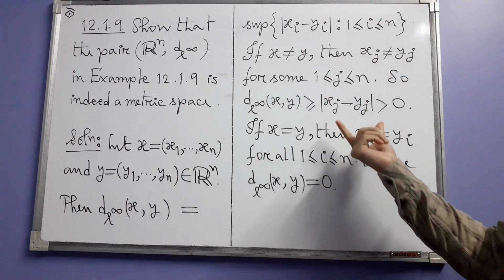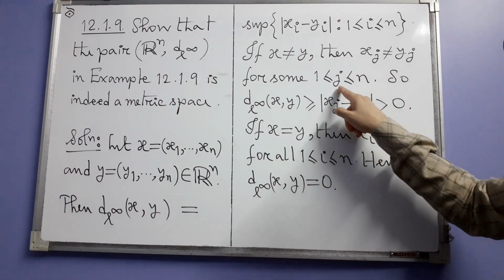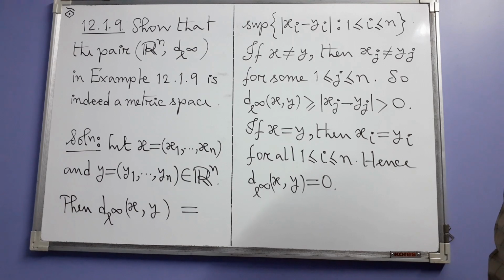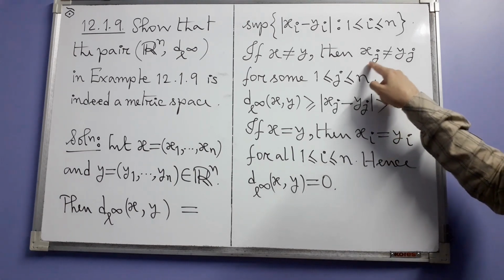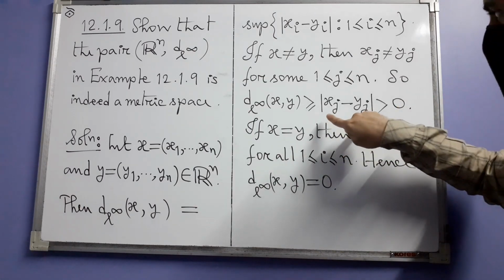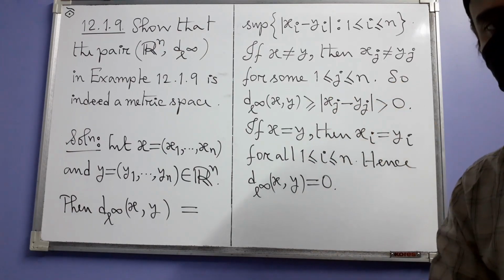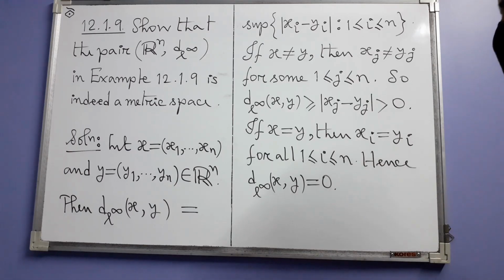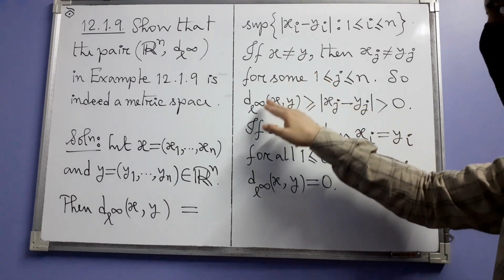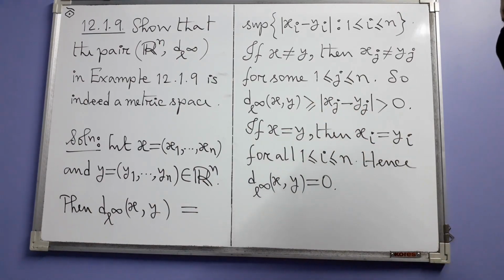In particular, it's greater than or equal to this specific absolute difference which corresponds to the index j. However, xj and yj are distinct real numbers, so this will be a positive real number. Note that in general this is non-negative, but because it cannot be 0, it has to be positive. That is why for distinct points x and y, the distance function gives us a positive distance value. So that is one of the conditions.